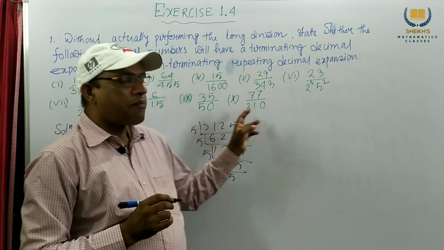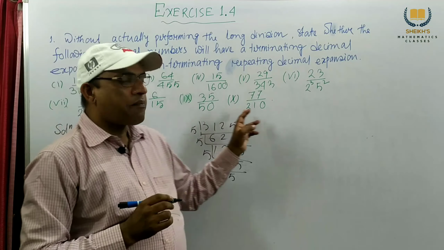So what we get is 13 by the denominator, 5 to the power 5. If the denominator is of the form 2 to the power n or 5 to the power m, then this is terminating. So the denominator is 5, so this is terminating.